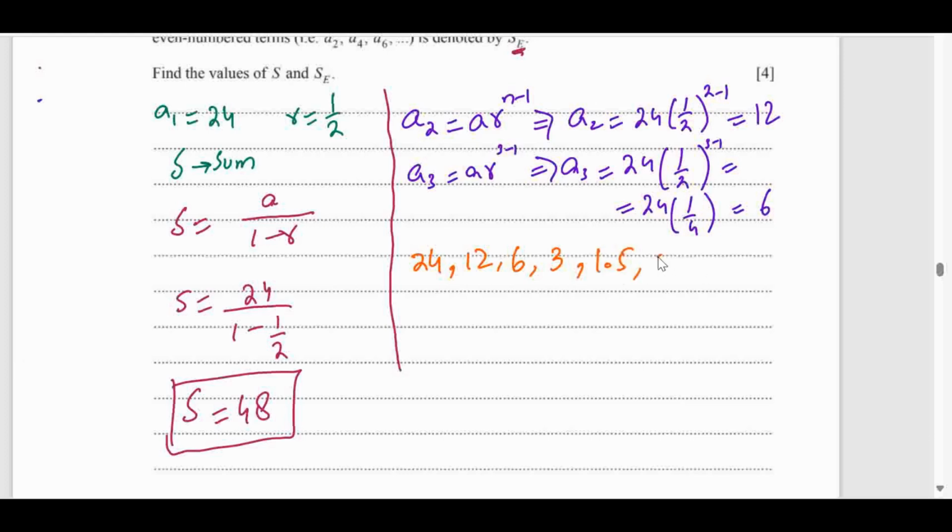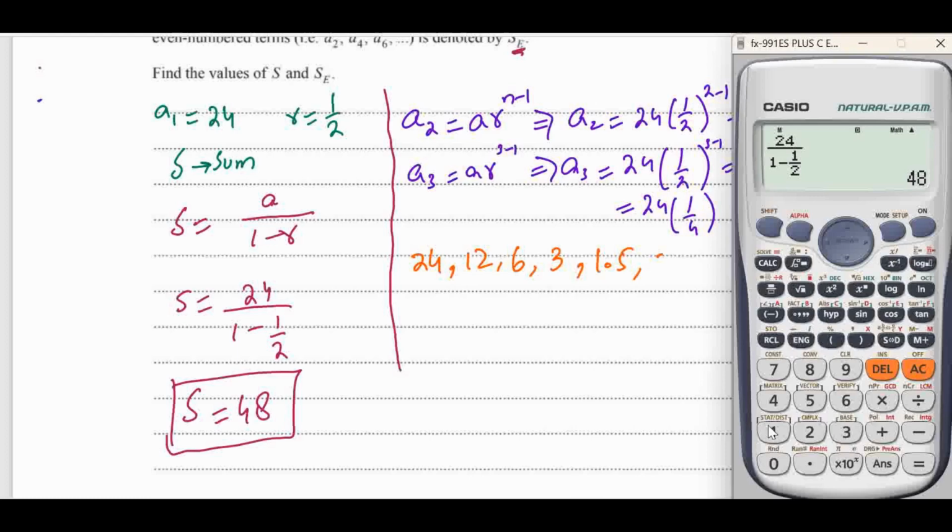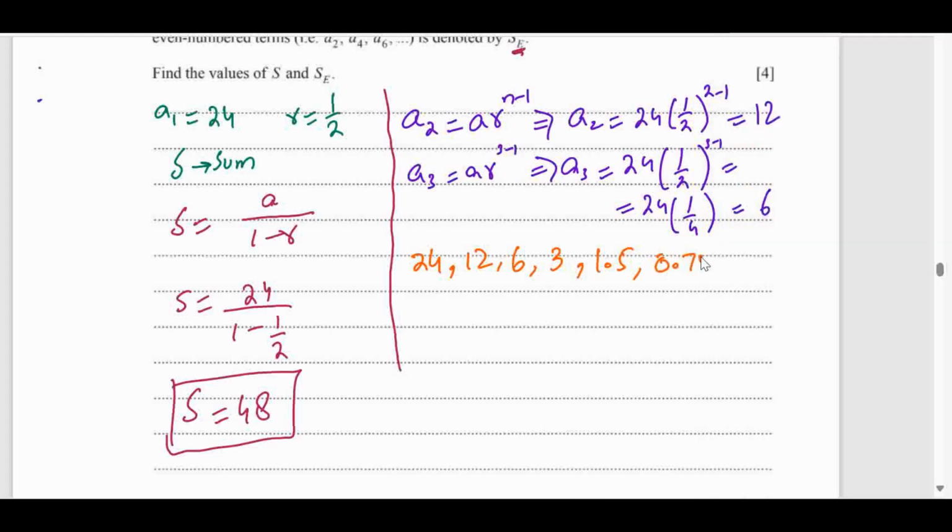Then 1.5 divided by 2 is 3 by 4, which means 0.75.